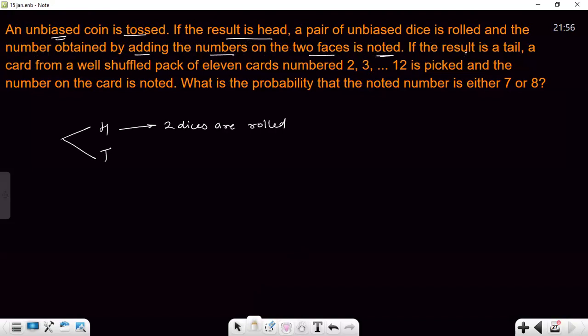If the result is a tail, a card from a well shuffled pack of 11 cards numbered from 2 to 12 is picked. So how many chances are there when a card is picked from 2 to 12?